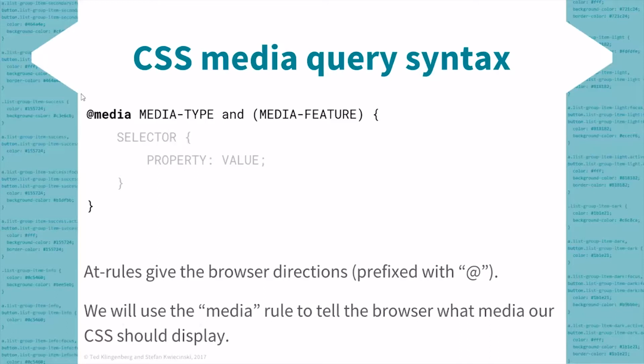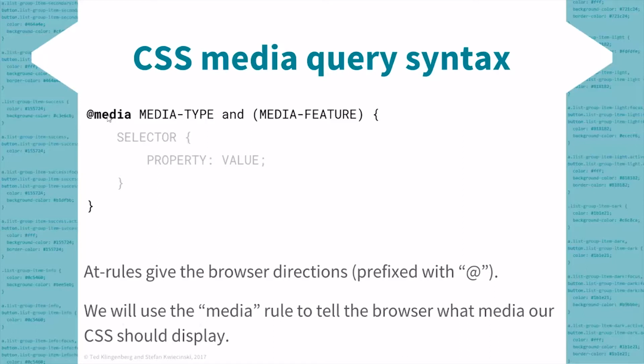And you'll see that an @ rule is just prefixed with an @ symbol. It's prefixed with this symbol right here. And then we have our rule, and our rule is going to be media in this case. And this is going to tell the browser when to display certain types of CSS. Our @ rule is sort of going to be like a rule for the browser to follow.